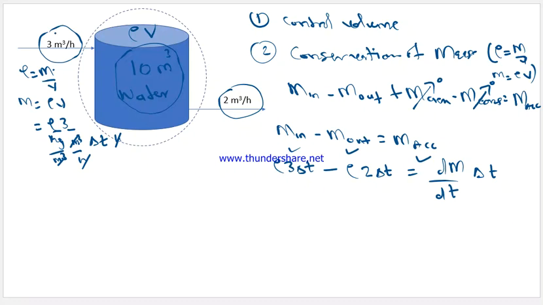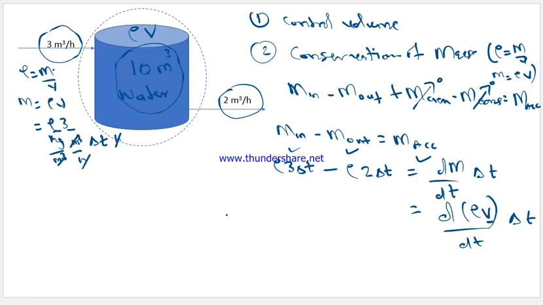So you remember the in, density times what goes in, here density times what goes out. The mass here is equal to density times volume of what is in here, which is 10 meter cube. Therefore, we are going to say it is equal to d(rho V)/dt times delta t. This V is what is changing inside the control volume.